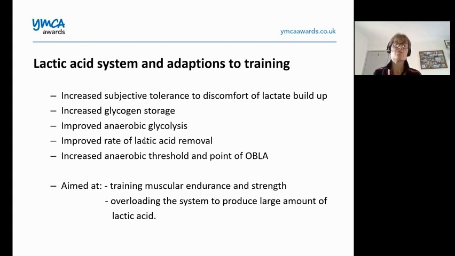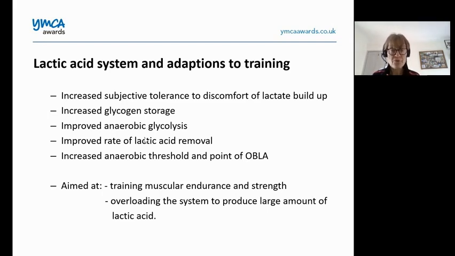So you might want to train the lactic acid system if you're doing particular activities or are involved in sports that require it. With the right amount of training, you're going to improve your tolerance to the discomfort of the lactate buildup, so you can cope with it better. You're going to increase your storage of glycogen, which is your fuel for the lactic acid system.